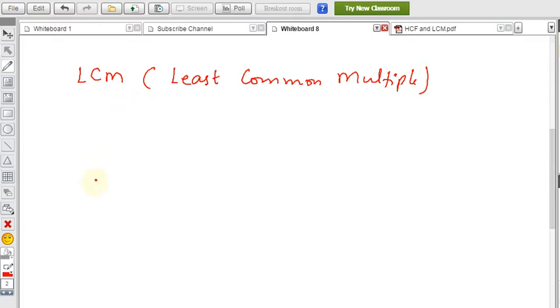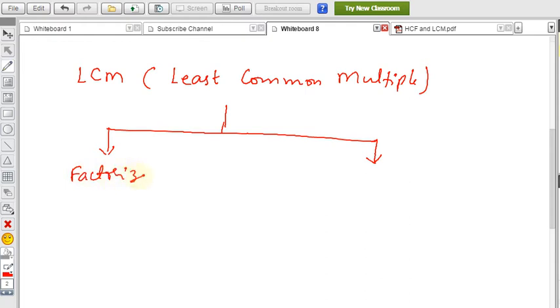So instead of that, we'll find this LCM by two methods: the factorization method and the shortcut method. Okay, the factorization method we'll see first.